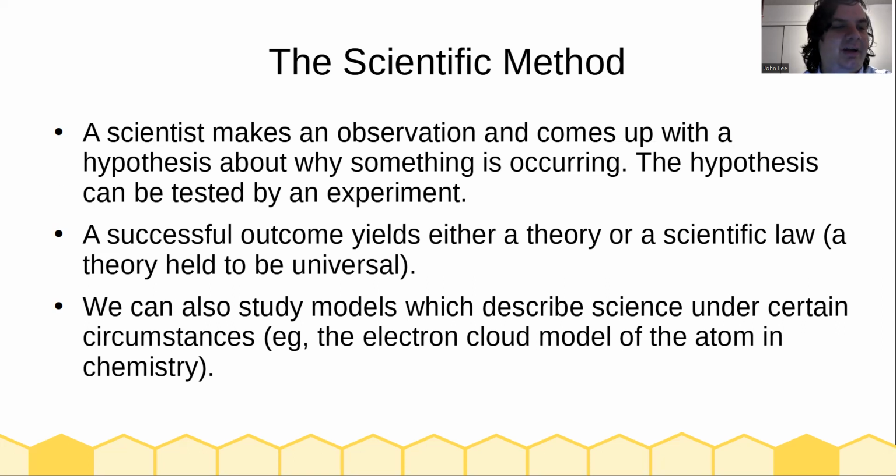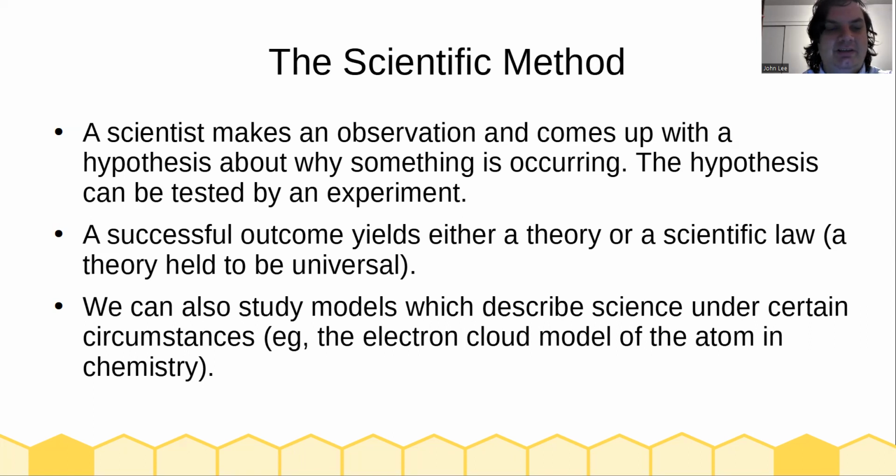And then if the hypothesis is repeatedly tested by experiment, then it yields a theory, which is like the theory of gravity, or a scientific law, which is like Newton's 3 laws of motion.